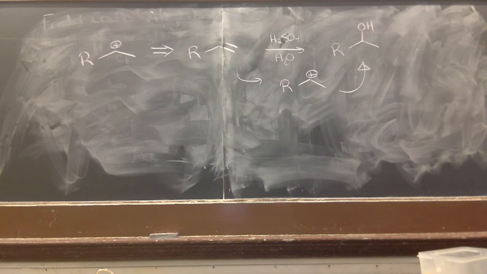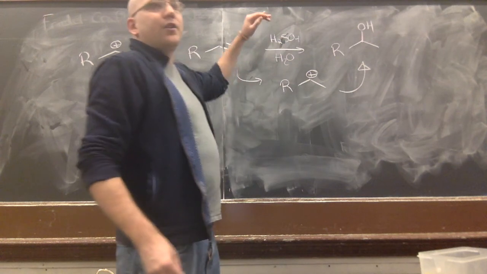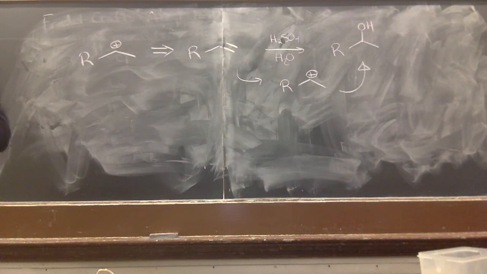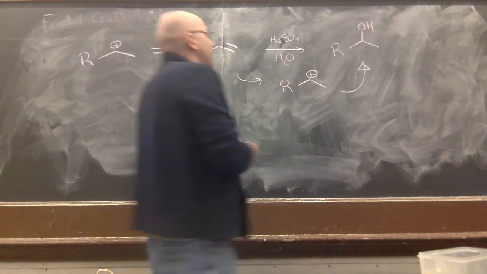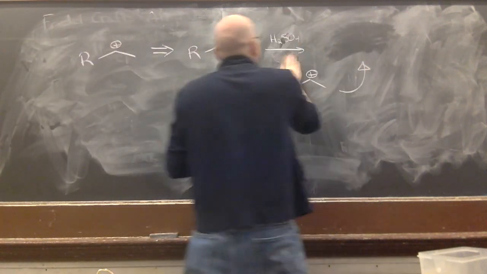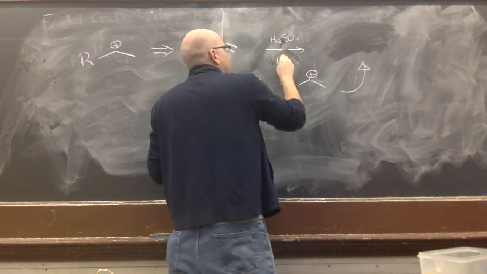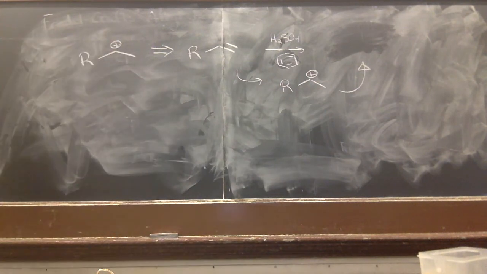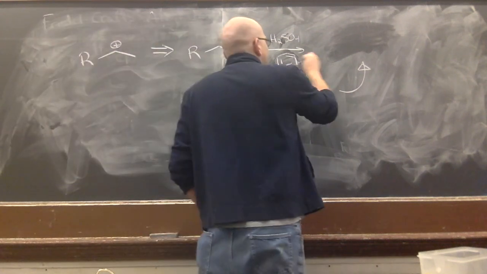And so you may predict that if you were to use an acid, and say you didn't have water around, but instead you had benzene as your solution, you might be able to predict what's going to happen here. We've effectively generated a cation, so that will react with benzene.